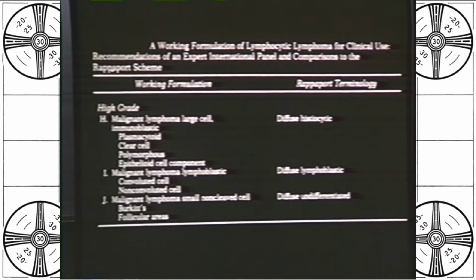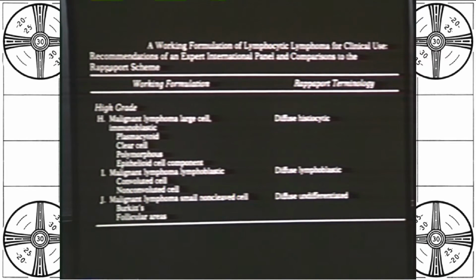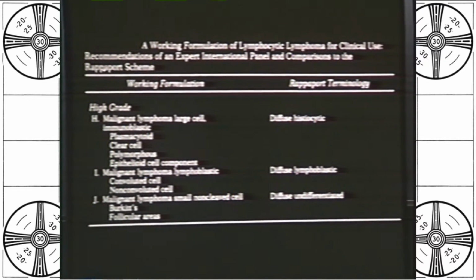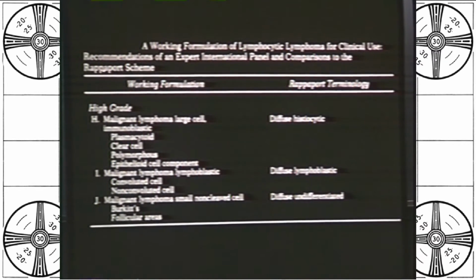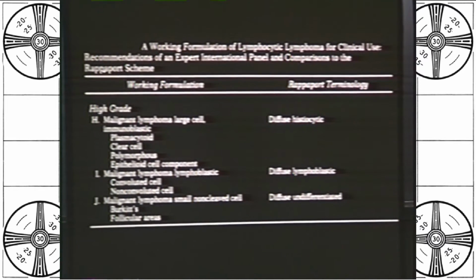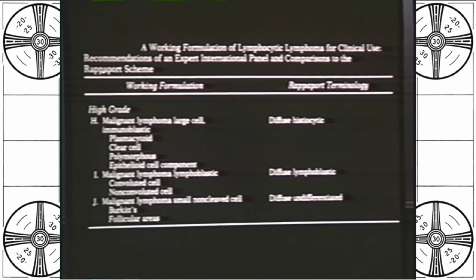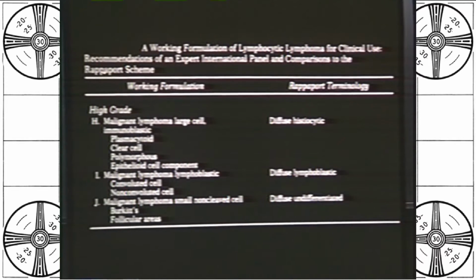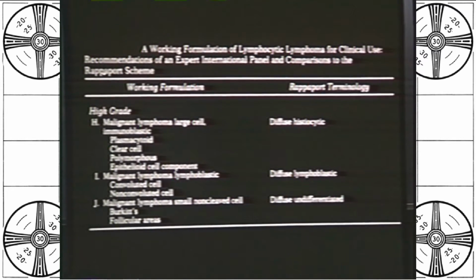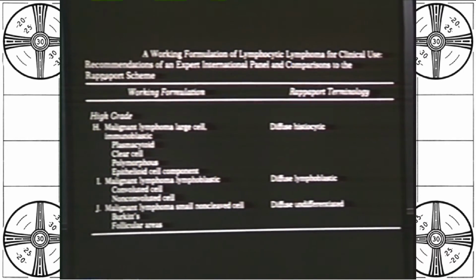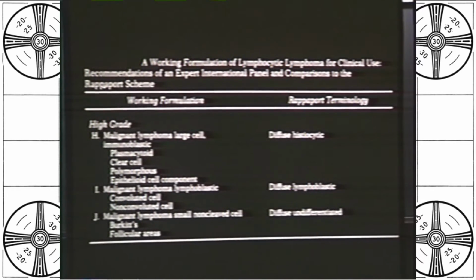We'll call one low grade lymphomas, and the other group intermediate and high grade lymphomas. And if you can push your pathologist or clinician to tell you, no, this is a low grade or this is an intermediate or high grade, it's a piece of cake, believe me.